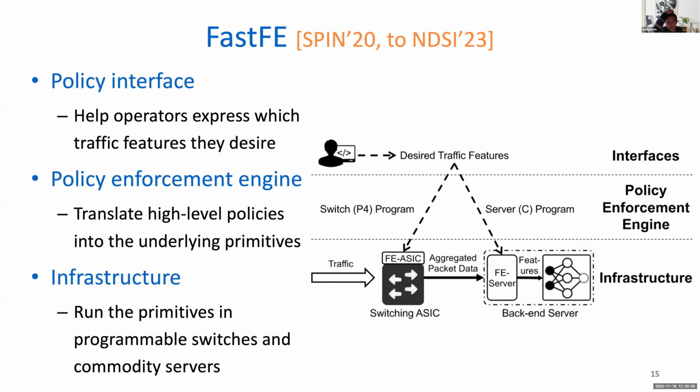We design a new policy interface, so anybody can use our policy engine to design new applications. If you want to process features for your application, you can use our policy. We have a policy enforcement engine that transfers the high-level policy into the underlying primitives, and then we can enforce those feature extraction functions within the programmable switches. This is the basic idea.